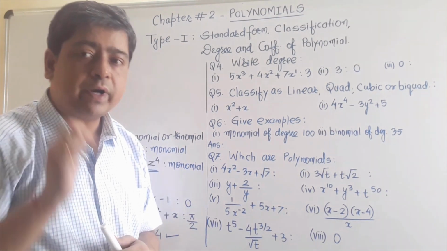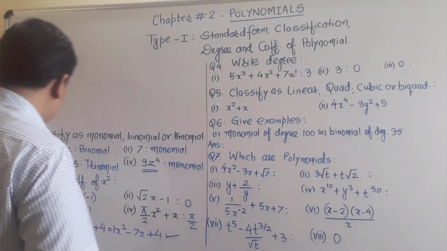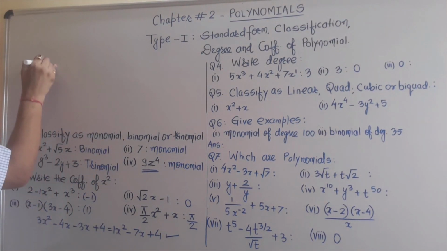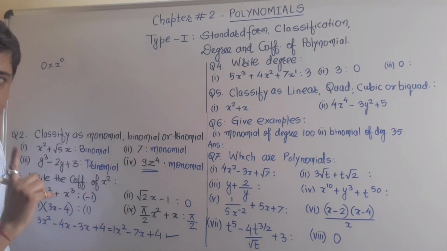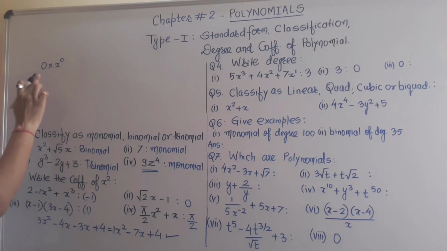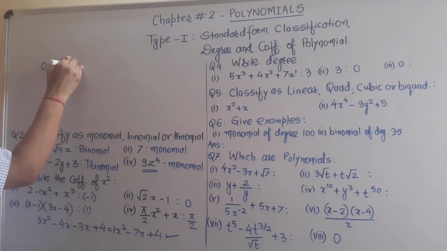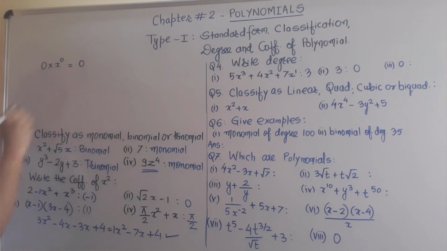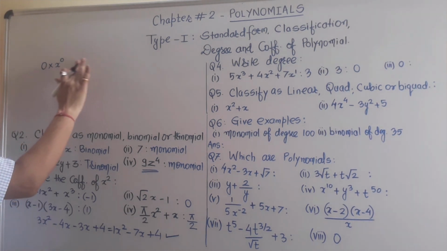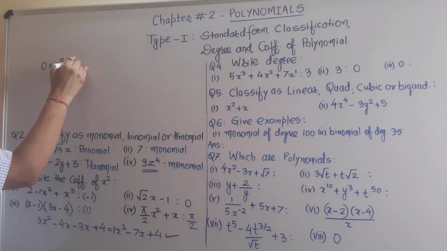But what happens if 0 comes? When 0 comes, you can of course write 0 into x to the power 0, as I wrote 3 over there. So if you write 0 into x to the power 0, you can say here degree will be 0.